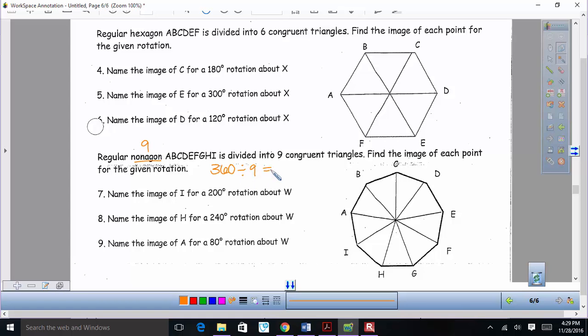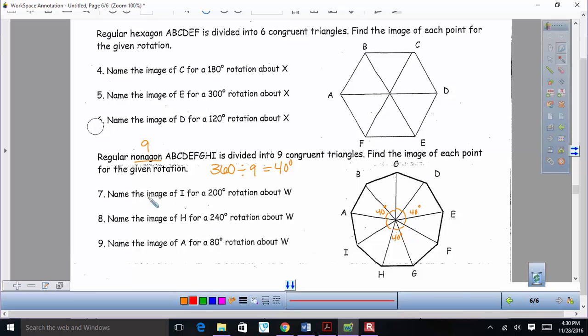When you divide 360 by 9, you get 40. So each one of these angles right here is going to be 40 degrees. So I'm not going to label them all because there's a whole lot, but I'm just going to write 40 on a few of them.